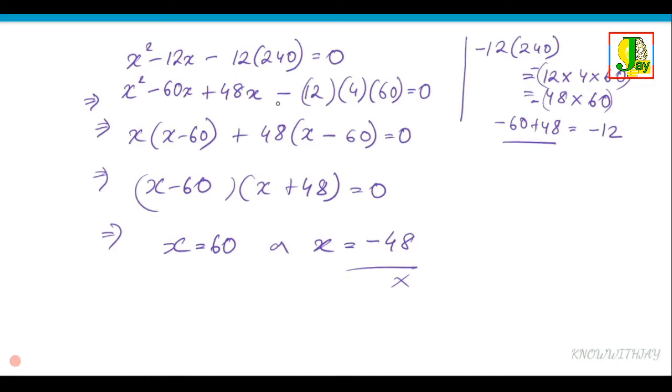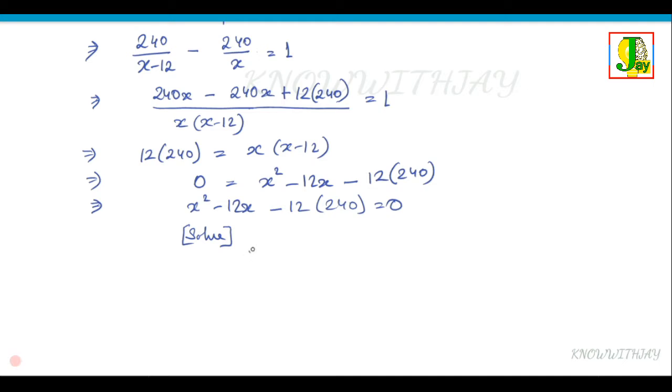This is how we solve the quadratic equation. You can pause the video and see if you are right. We get x equals 60 or x equals minus 48. Now you remember what x is: the speed of the express train, right?